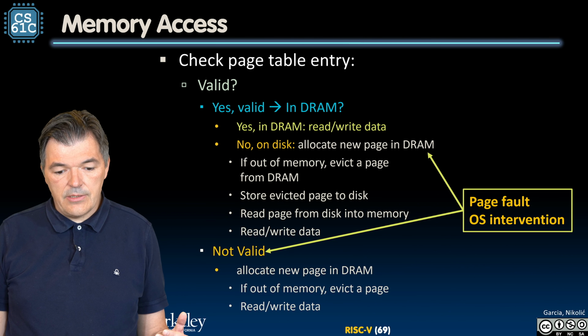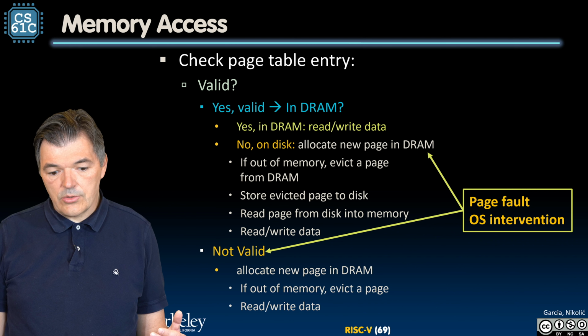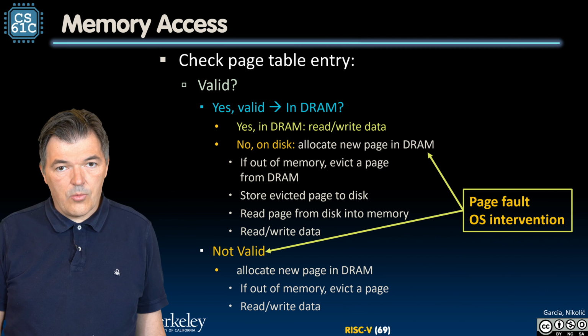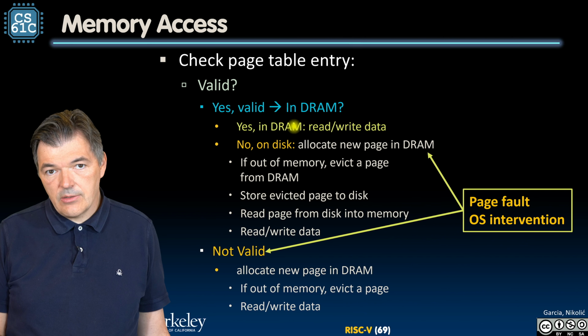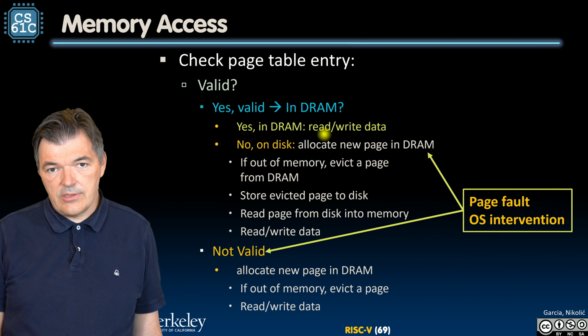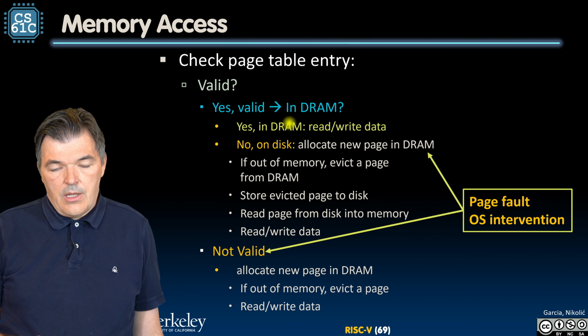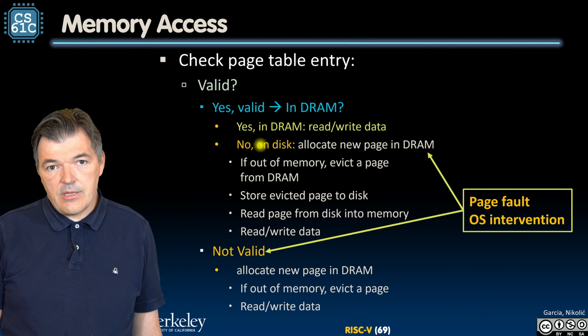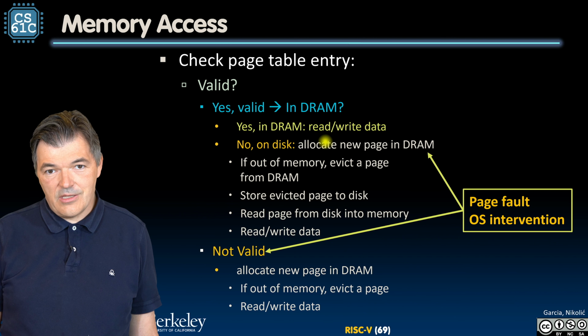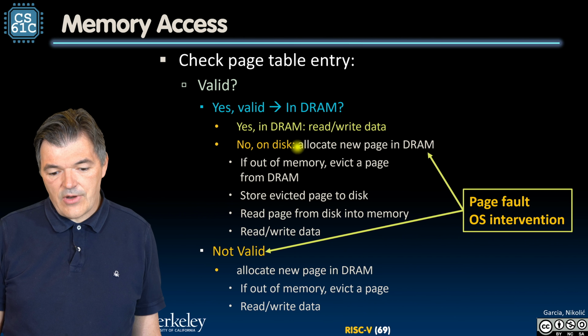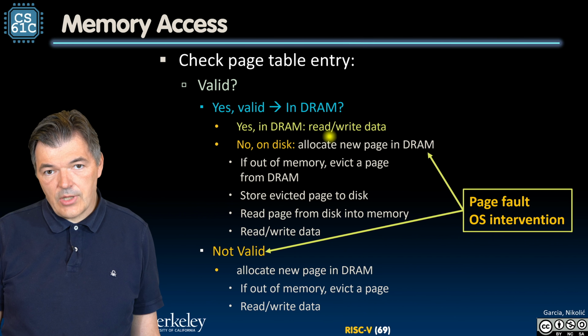If it is valid, we are going to proceed with checking where that page is. If it is in DRAM, that's great. We're just going to go ahead and read or write the data. If it is on a disk, that may be a lengthy procedure of getting that data into the DRAM. So we are going to allocate a new page in DRAM. If there is room, that's great.